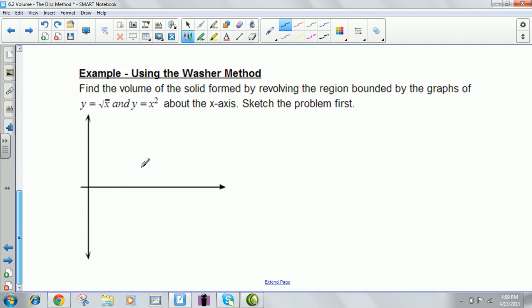Let's take a look at this one. First thing we want to do is try to sketch it. So if you haven't already, go ahead and try to sketch it. But we have square root of x. Then we have x squared.